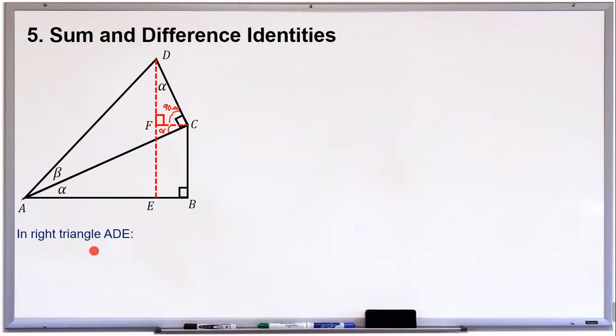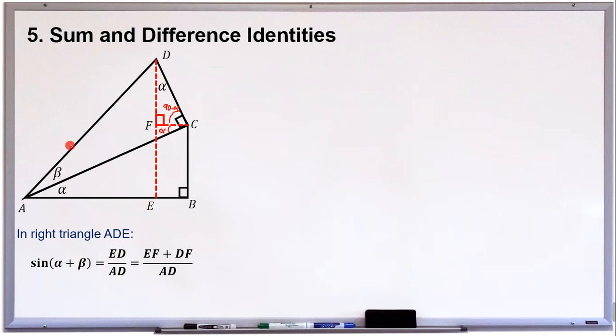Now, we will start our first derivation in the right triangle ADE. So in the right triangle ADE, the sine of the angle, which is the sum of alpha and beta, is ED, the opposite, over AD, the hypotenuse.